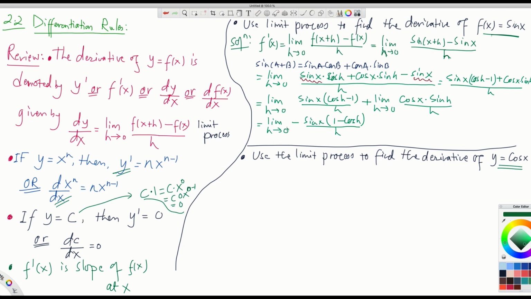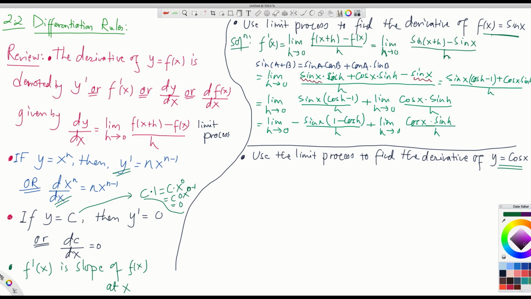Why do I do that? Because I know the limit formula: limit h tends to 0 of 1 minus cosine h over h is 0. I want to use that formula, that's why I'm writing this in that form. And then plus limit h tends to 0 of cosine x times sine h over h. So look at this.